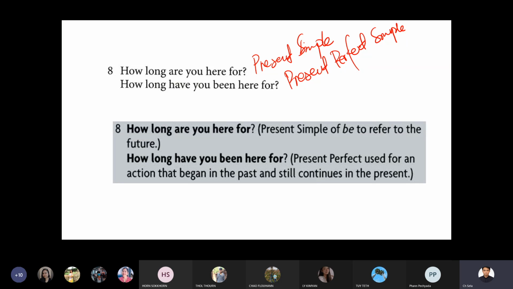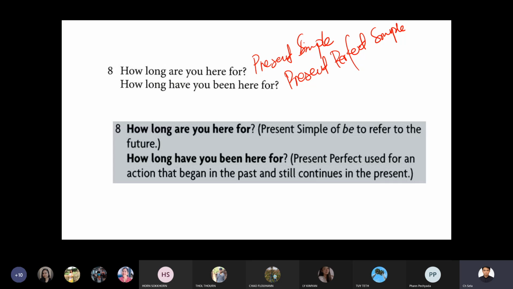How long are you here for? Present simple of be, referring to the future. This one is present simple, but it refers to the future. For example, how long are you in Battambang? I've been here for doing my business or whatever.